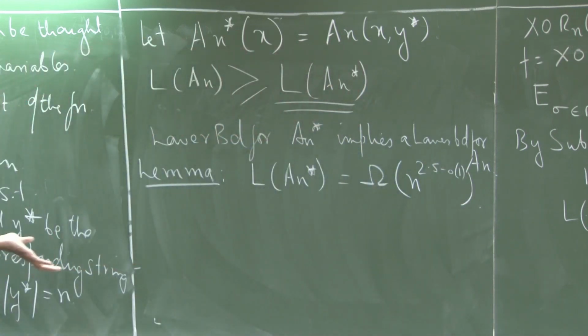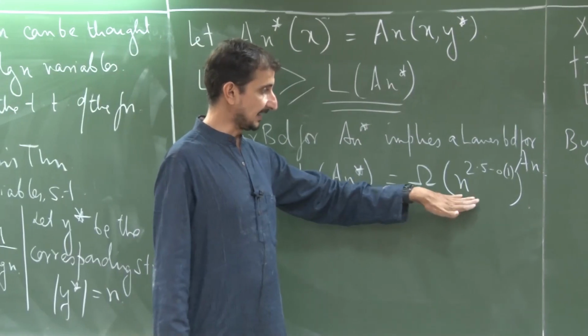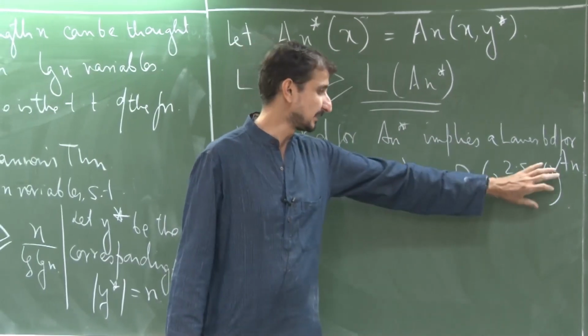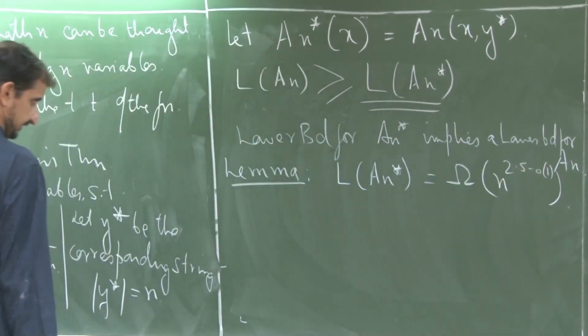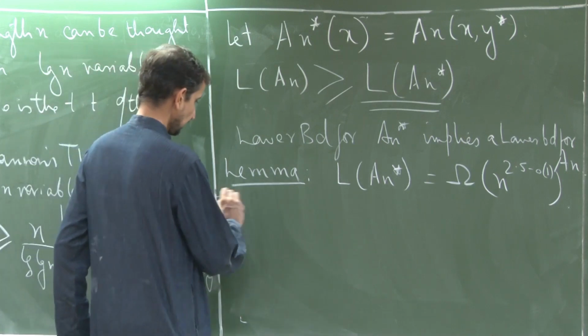Okay. So, we will show that it has a formula complexity of at least n to the power 2.5 minus some small o of 1, but we will see what those are.